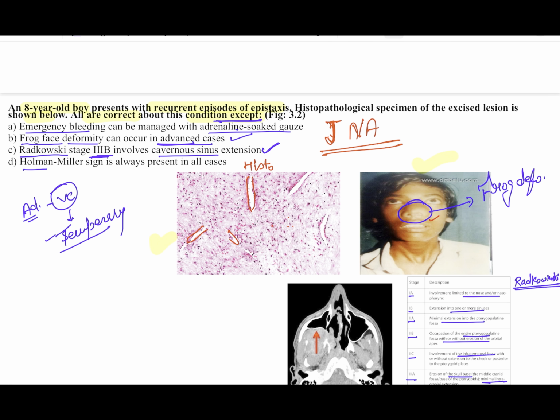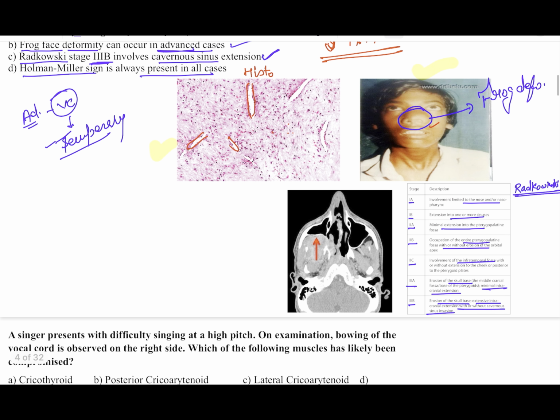The fourth option is saying the Holman-Miller sign is always present in all cases. What is the Holman-Miller sign? This is seen on CT. Okay, now you will see this in CT. This is the posterior wall of the maxillary sinus.